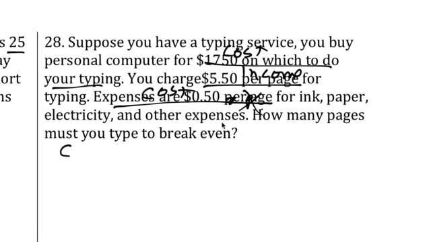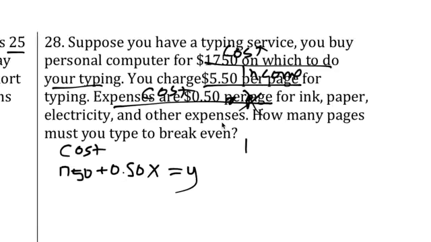Okay, let's see your cost. Your cost is $17.50 plus 50 cents per page, and that is your total cost. Your income is how much money you make, $5.50 per page.